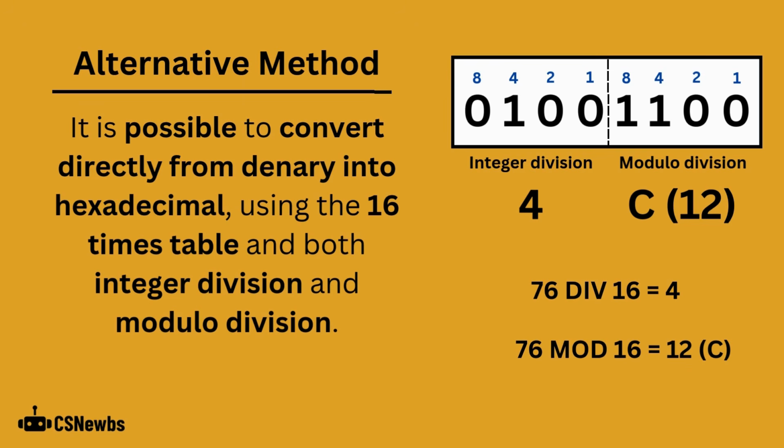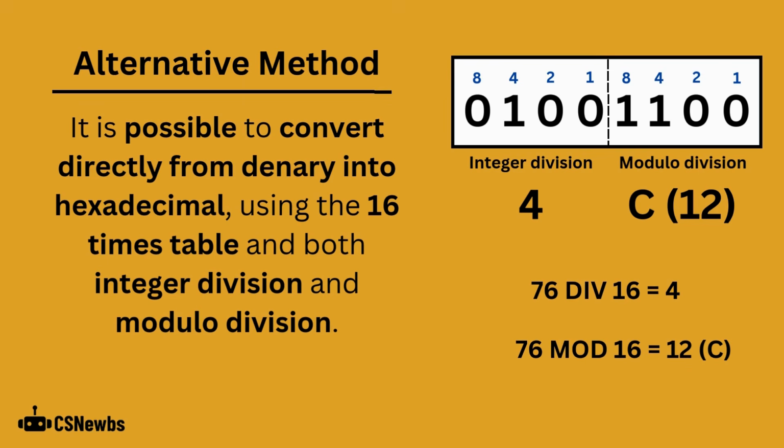However, there is an alternative method which allows you to convert directly from denary into hexadecimal, as long as you know the 16 times table and have an understanding of both integer division and modulo division, which are topics from paper 2. To work out the left nibble, you would need to use integer division. For example, 76 integer division 16 gives you 4, as that is a whole number when 76 is divided by 16.